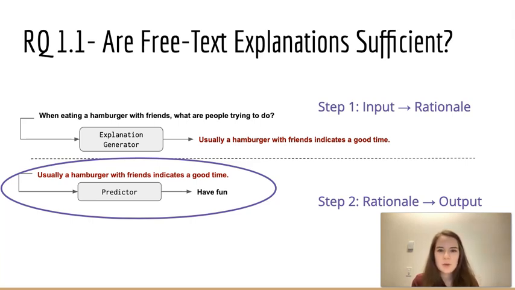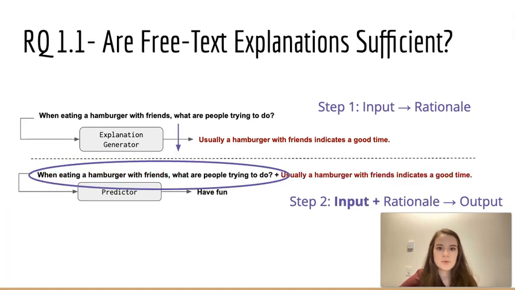However, intuitively, we hypothesize that free text explanations are often written to accompany an input and don't make sense fully without it. To test whether the sufficiency assumption also holds for free text rationales, we simply reappend the input to the rationale in the predictor model and retrain the architecture. We then test how much performance improves by including the input alongside the rationale.